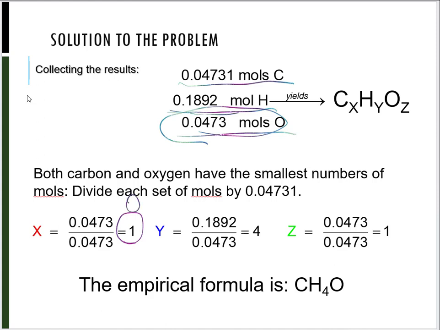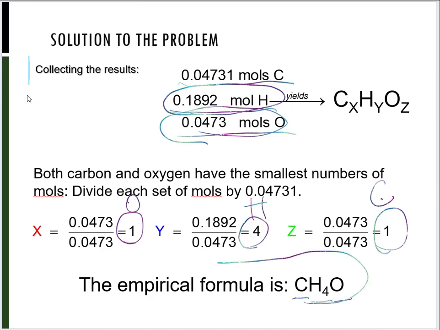And 0.1892 divided by 0.0473 gives me 4. That's how many hydrogens are in the empirical formula. And lastly, this is for my carbons. We get 1. So I'm going to have 1 C, 4 H's, and 1 O for my empirical formula of that original compound.